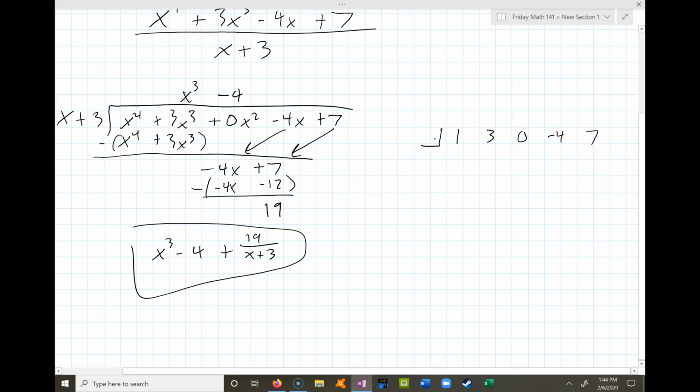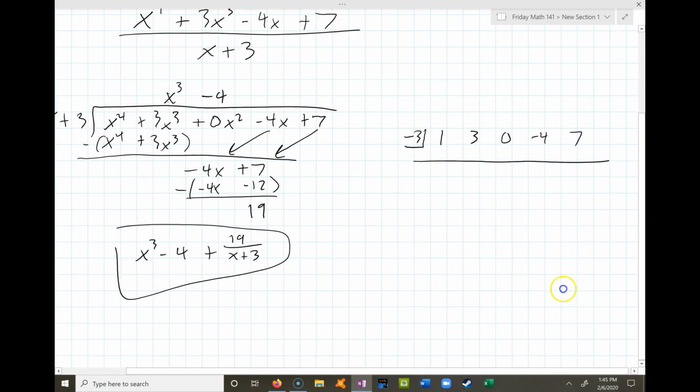I put a little box here, and the thing that goes in the box is the root associated with this factor. In other words, what makes this factor equal to 0? If I plug in negative 3 for x here, that makes this factor equal to 0. So negative 3 goes in the box. Okay, draw my line.